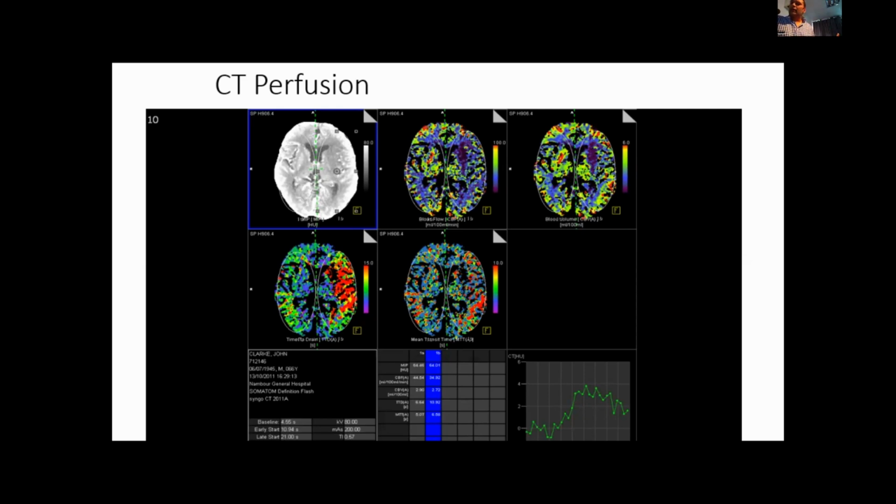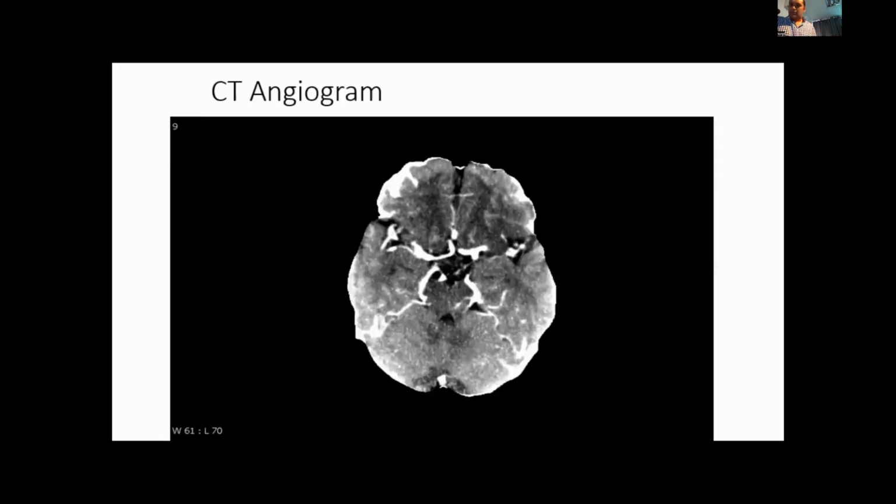And so here you've got a lady who has got an established infarct on CT with no time of onset, and probably an M2 occlusion. And so this woman is contradicting.